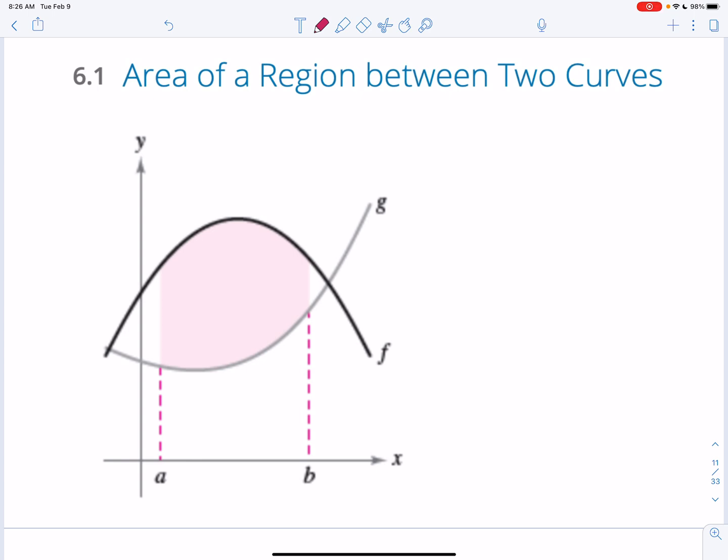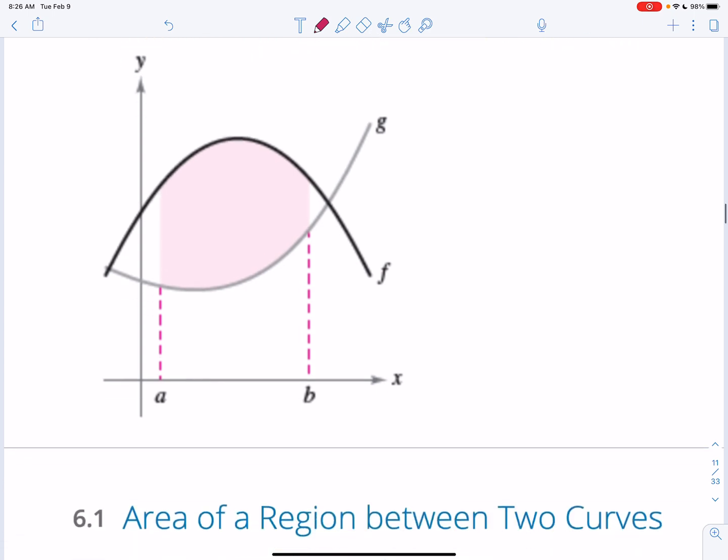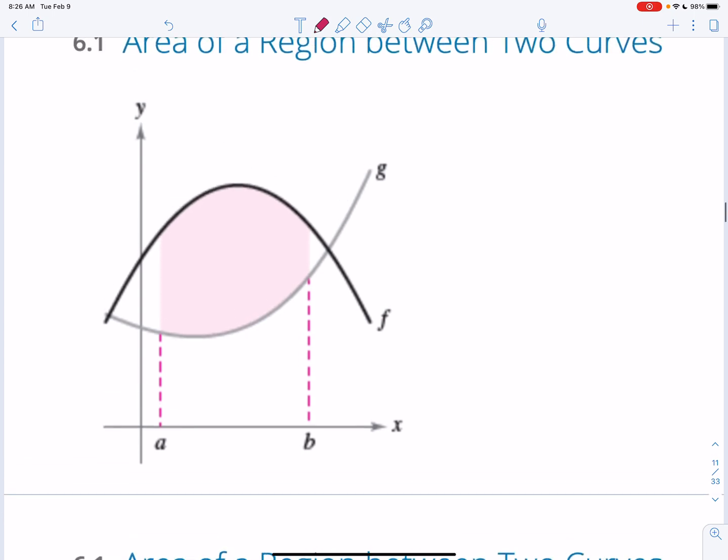Now, if you figured it out, great. Don't worry if you didn't, but it's actually very logical. Because if you think about it, if I just find the area under the curve of f, that would be all of this all the way down to the x-axis.